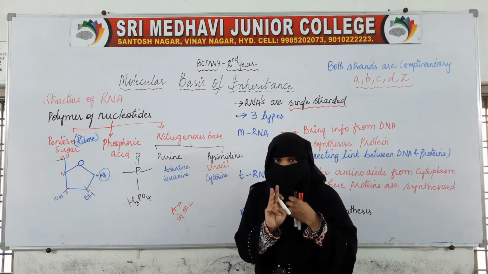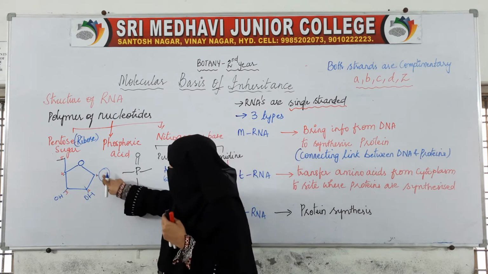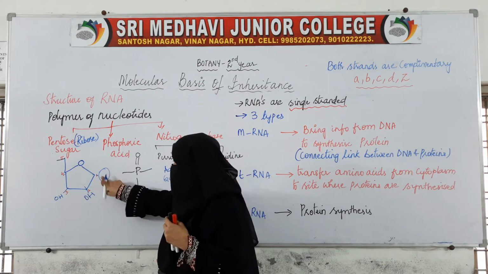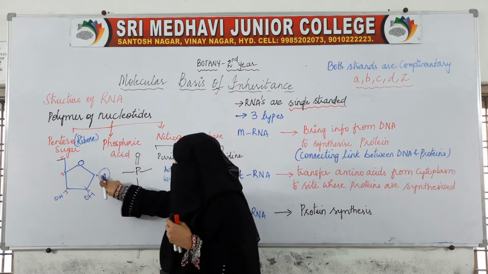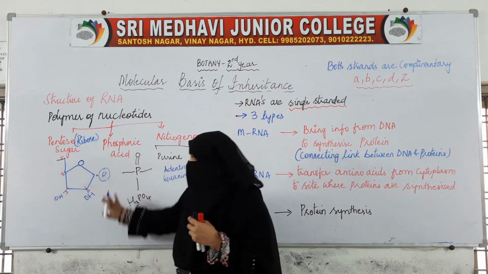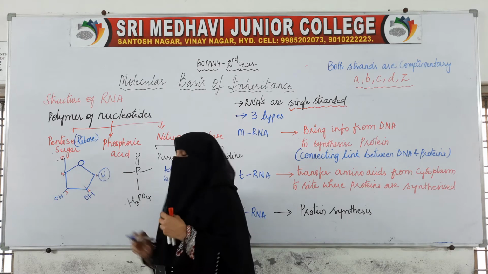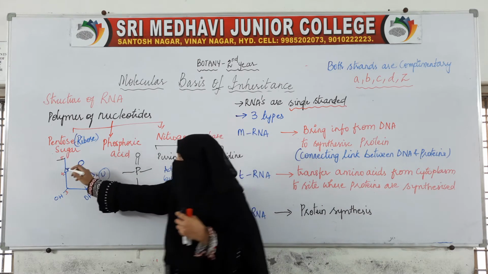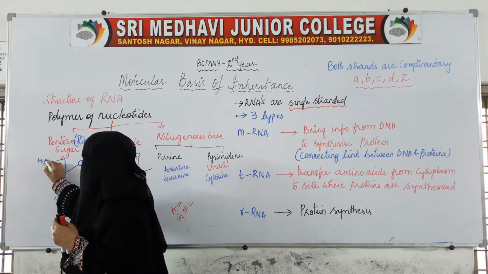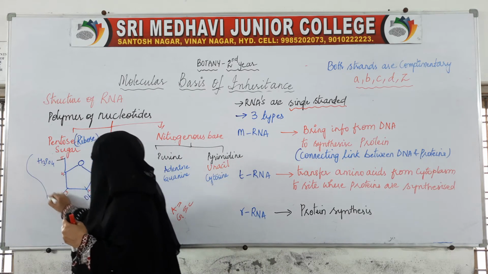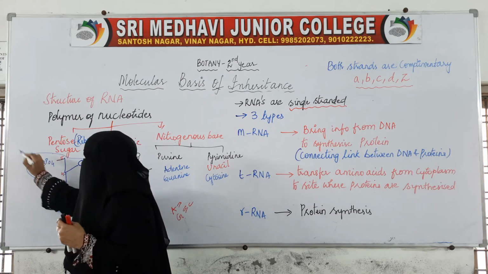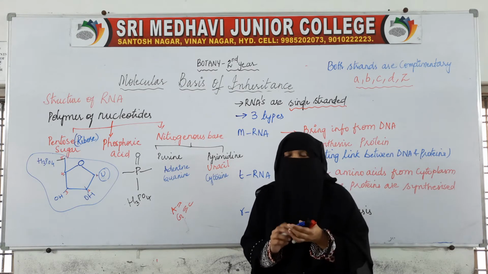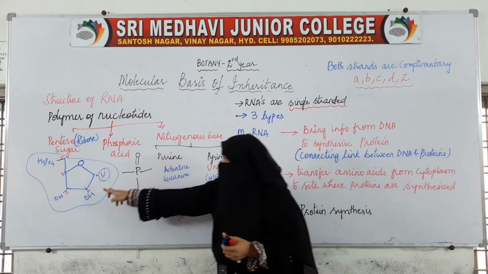Instead of N, I can write A. And the phosphoric acid H3PO4. Together these make one nucleotide in RNA. So this is one nucleotide.